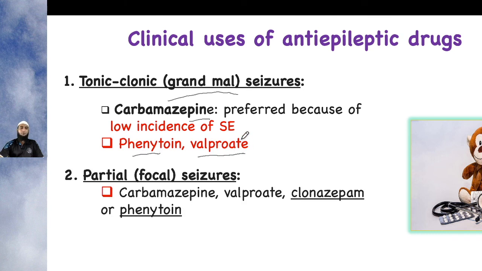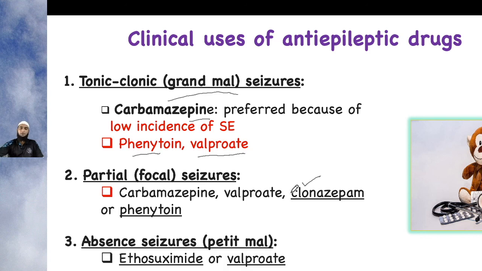Whereas in case of partial seizure, also called focal seizure, which is localized in nature, in addition to carbamazepine, valproate and phenytoin, you can also use benzodiazepine. So you can use clonazepam, which is a drug belonging to the category of benzodiazepines.